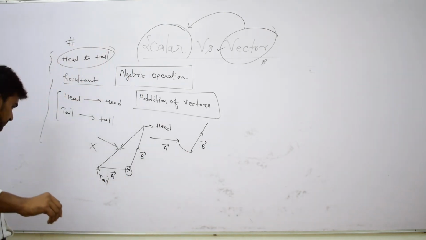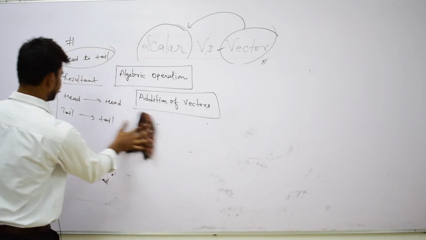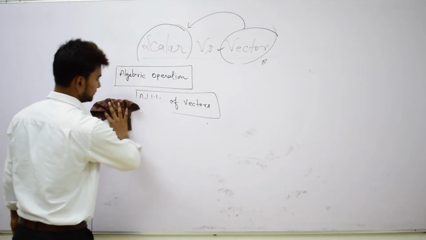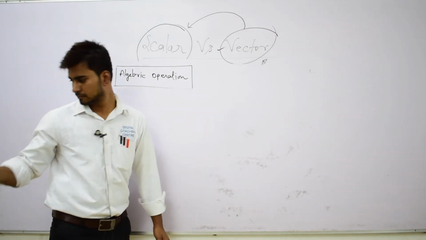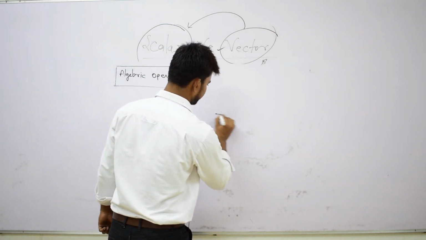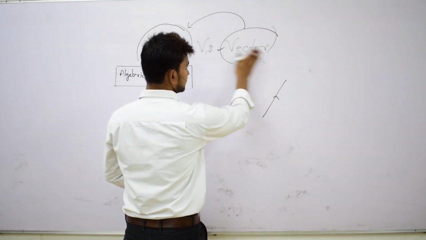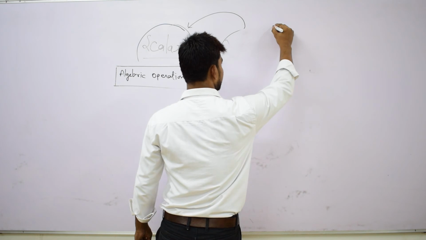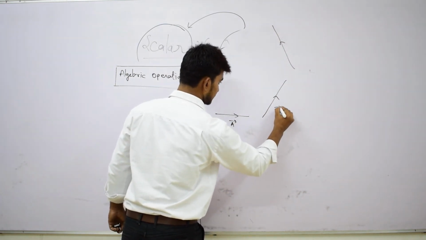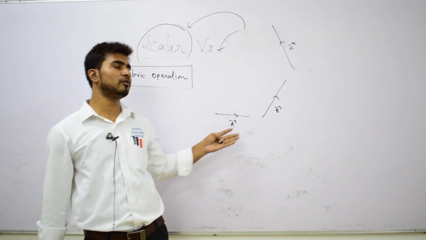One more important thing is there. Okay, another example I am giving you by which you can understand how to add vectors graphically. Let's suppose these three vectors are there and we have to add them.